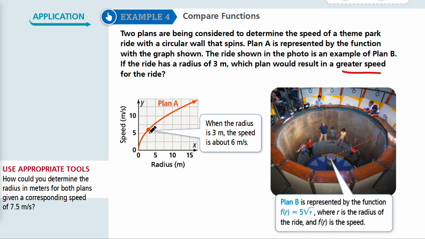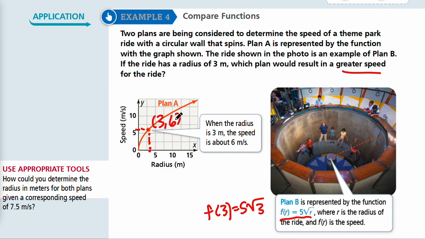So for plan A, if it's 3 meters, the speed is about 6 meters per second, right? This graph tells us easily that it's going to be about 6 meters per second. For plan B, we have an equation. So if it's 3 meters, f of 3 would be 5 root 3, and we need to figure that out.